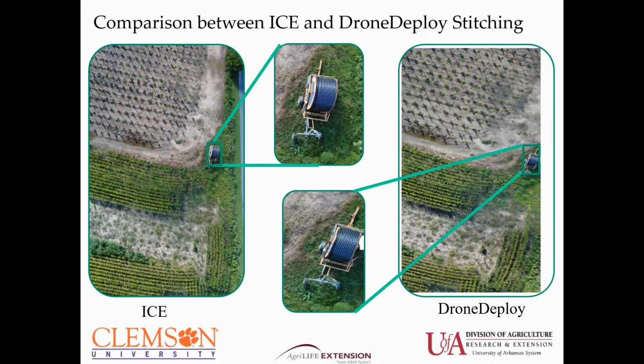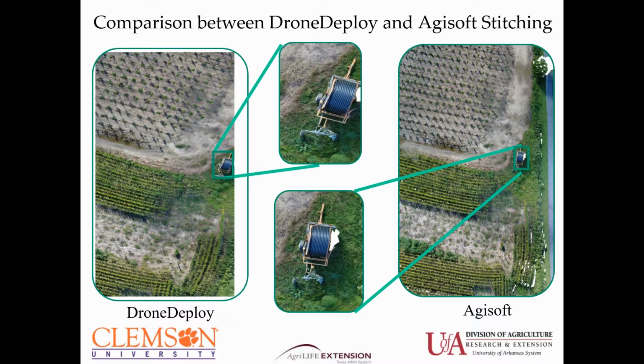We also tried stitching using the service company named Drone Deploy, and we compared the results to Microsoft Ice. Here's the stitched image result from Drone Deploy and Agisoft Photoscan.